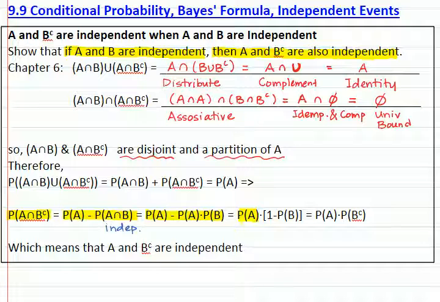I will get 1 minus the probability of B, which is the probability of B complement. And I showed that the probability of the intersection equals the product of the two probabilities, therefore the events are independent.